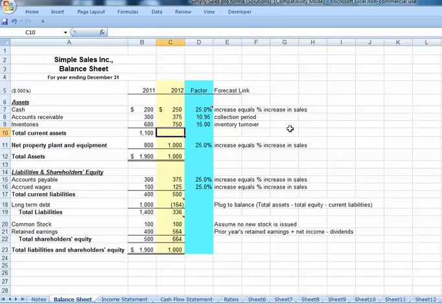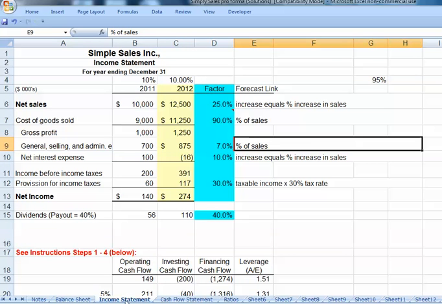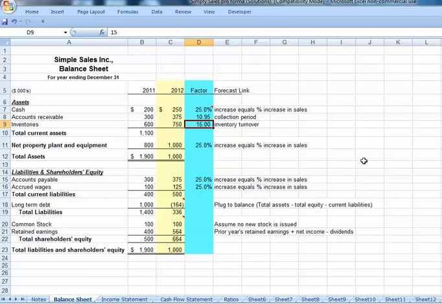That was our turnover. We were saying it was going to turn over 15 times. So if we have sales of 11,250, and we're turning it over 15 times a year, we would need to have roughly $750 in inventory on hand. If we were turning it over slower, our inventory would go up. If we could turn it over faster, our inventory would go down.